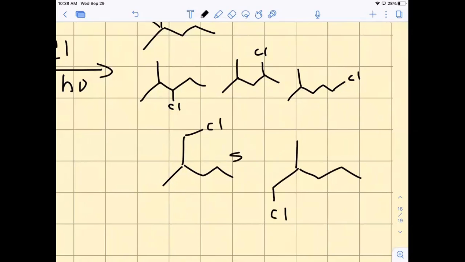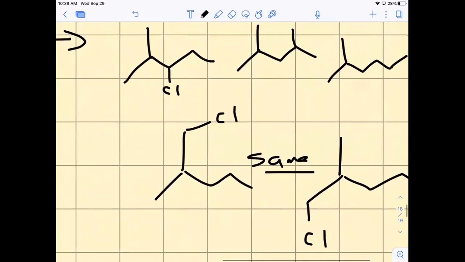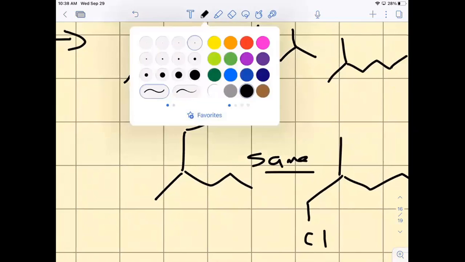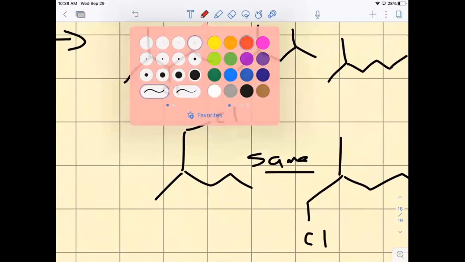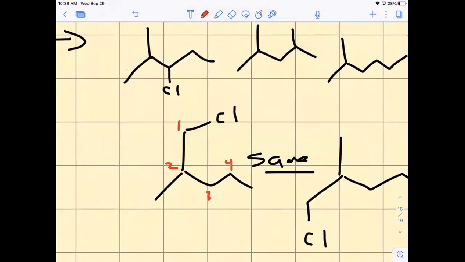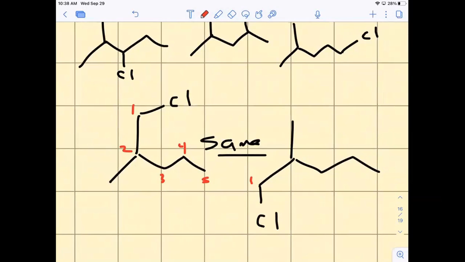These are the same though. Right? So let's name them. So I'm going to start at the end where chlorine is. I'm going to start counting right there. So this is 1, 2, 3, 4, 5. And then this is 1, 2, 3, 4, 5.